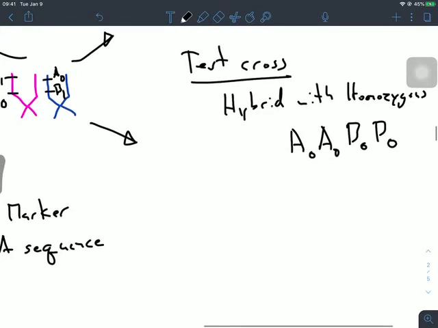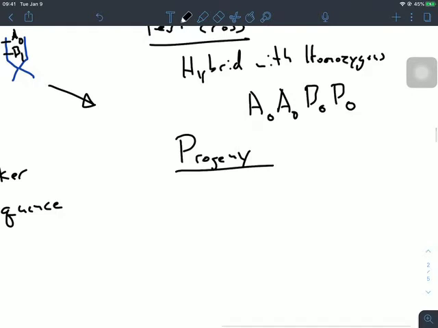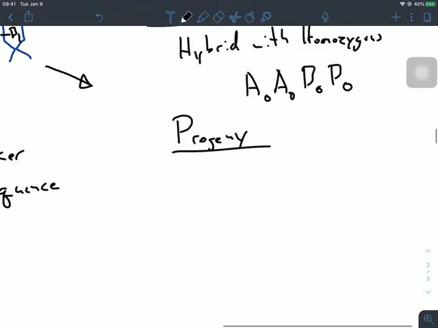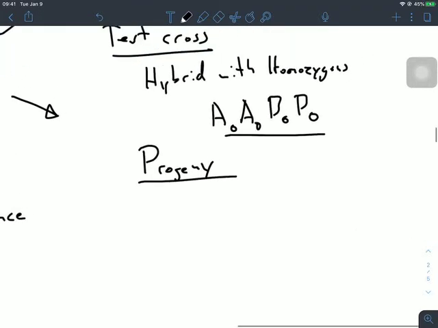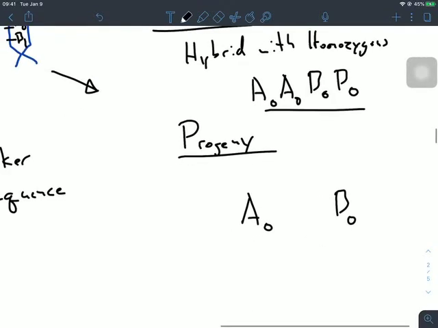And then you go ahead and look at their progeny. You're going to be able to create only a couple of different progeny here. In the case of the test crosser, the homozygous individual, they'll only donate an A0 and a B0 allele to the child.